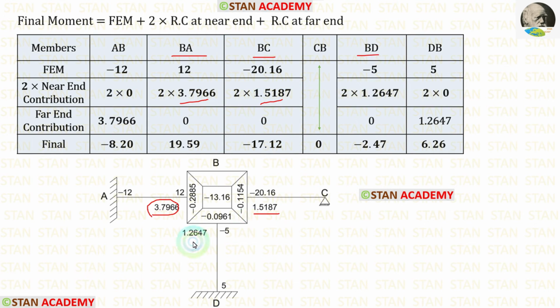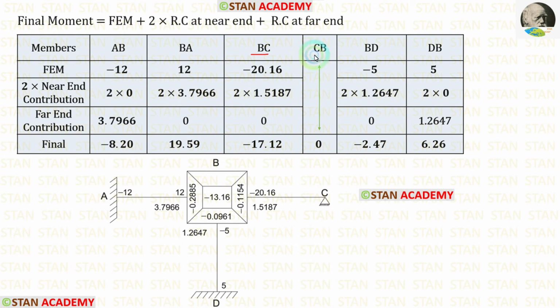For BD, the near end contribution is 1.2647. For AB, the far end is BA. In BA, the contribution is 3.7966. For BA, the far end is AB. In AB, the contribution is 0.